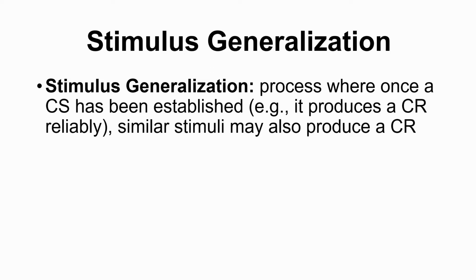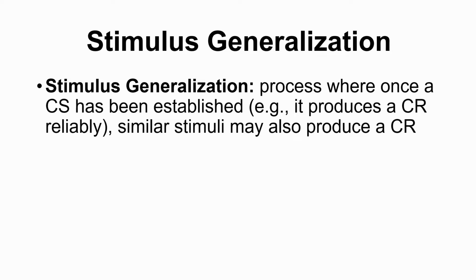For our formal definition, we can say that stimulus generalization is a process where once a conditional stimulus has been established, meaning that it now reliably produces a conditional response, similar stimuli to our original conditional stimulus may also produce a conditional response.